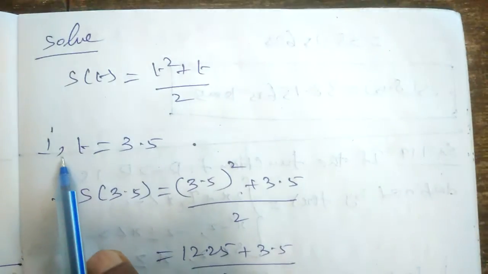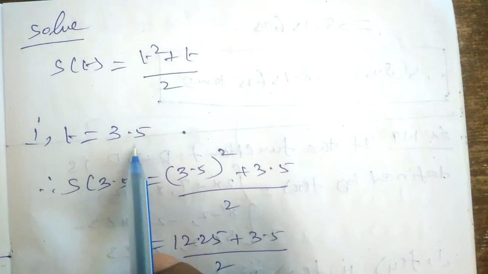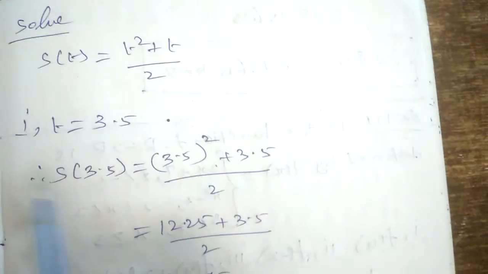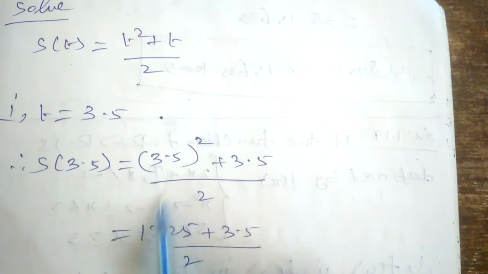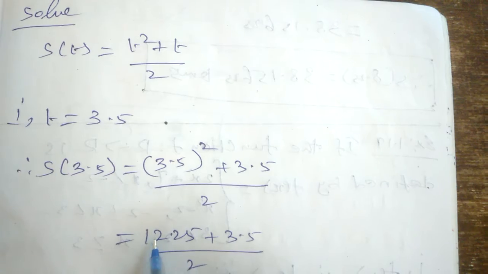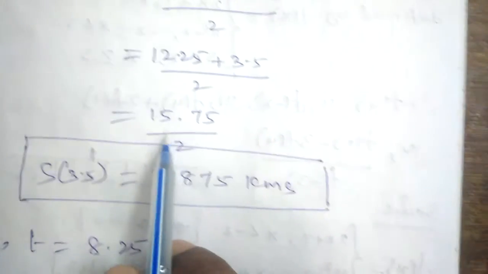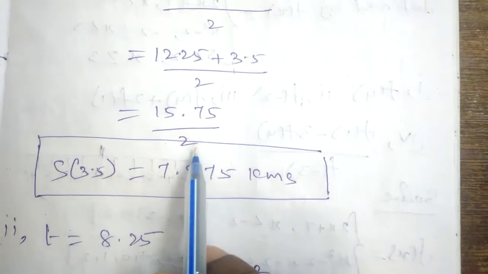Now from the first question, t is equal to 3.5. S of 3.5 is equal to 3.5 whole squared plus 3.5 by 2. 3.5 whole squared is equal to 12.25, plus 3.5 by 2, equal to 15.75 divided by 2.